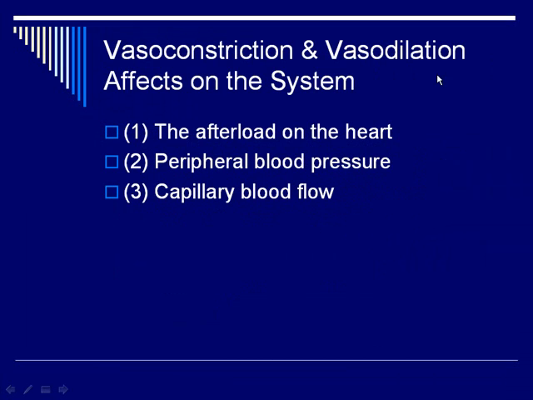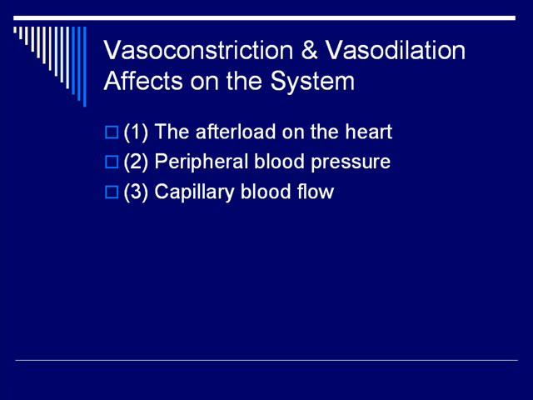Now, some concepts of blood flow dealing with vasoconstriction and the effect on the system. There are concepts that you need to appreciate, a term referred to as the afterload in the heart. This is the peripheral blood pressure of the heart that's responsible for maintaining the volume of blood that's inside the heart after the heart contracts.